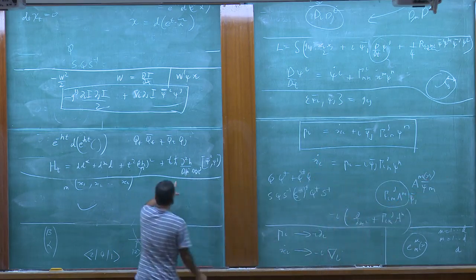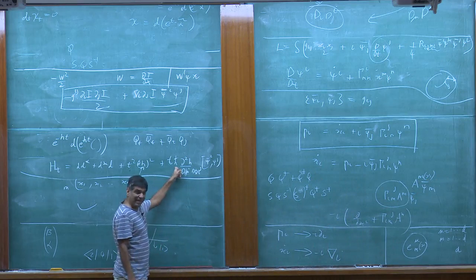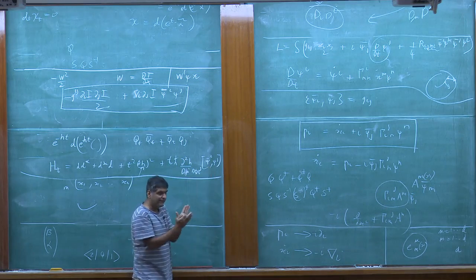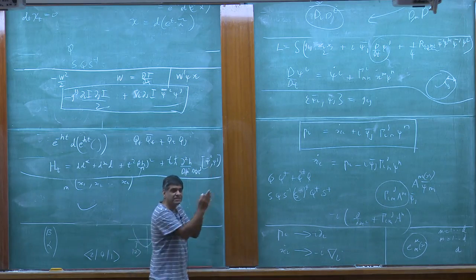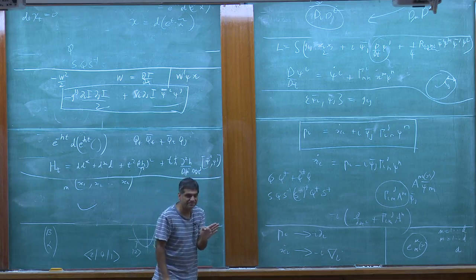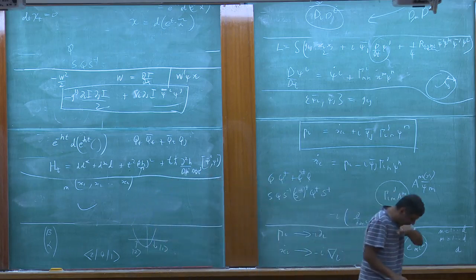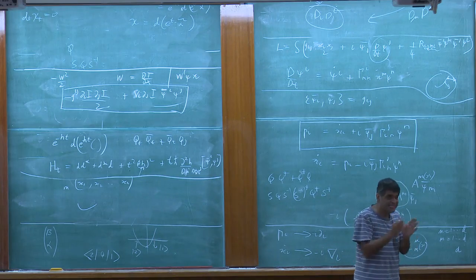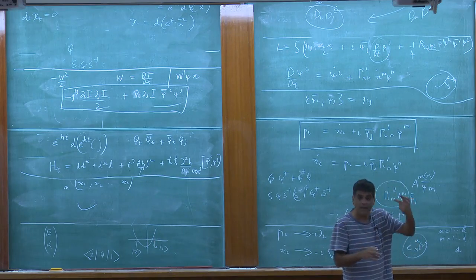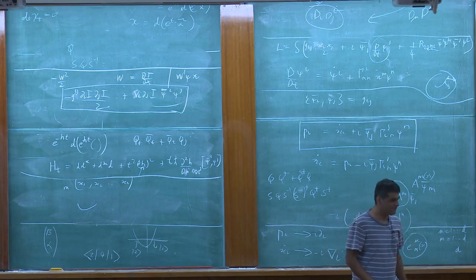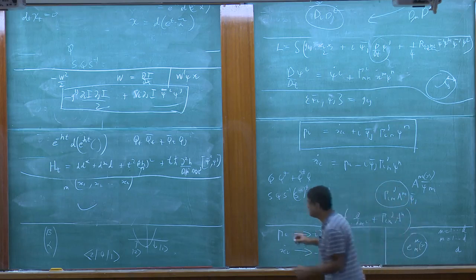Sorry. So what's going to happen is that here we're going to have these number operators in the different directions. And precisely if we choose the number operator to be occupied or unoccupied, we will be able to cancel this zero point energy.